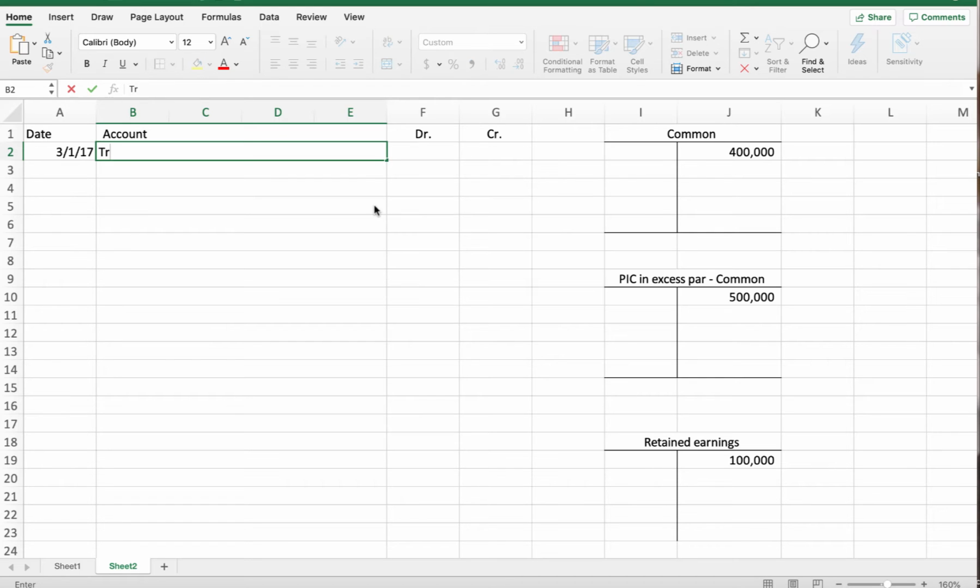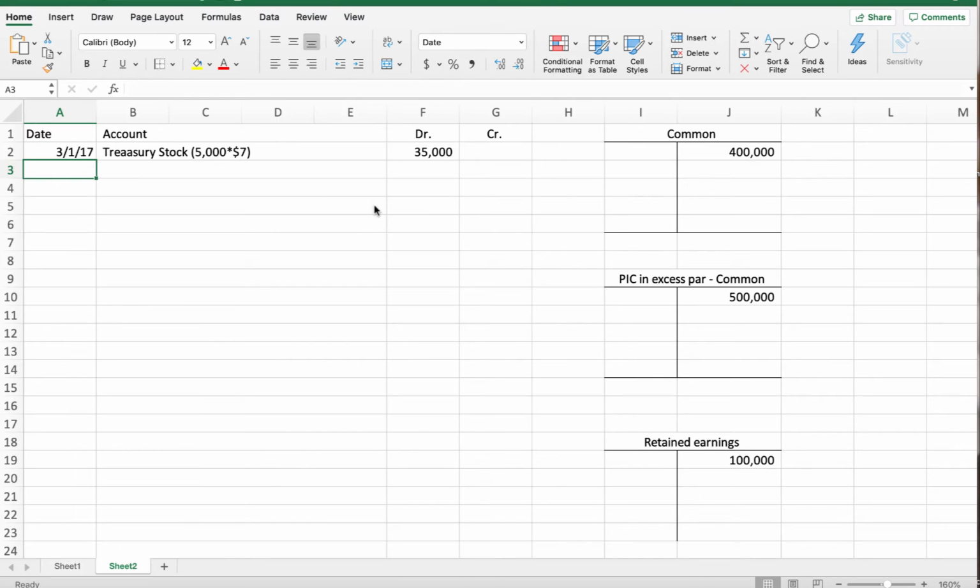So I'm going to debit treasury stock for how much? Well, that's easy. 5,000 shares times what's the selling price? $7. Okay? So the treasury stock is going to be debited for 5,000 times 7, which gives us 35,000. We're paying cash for this, right?